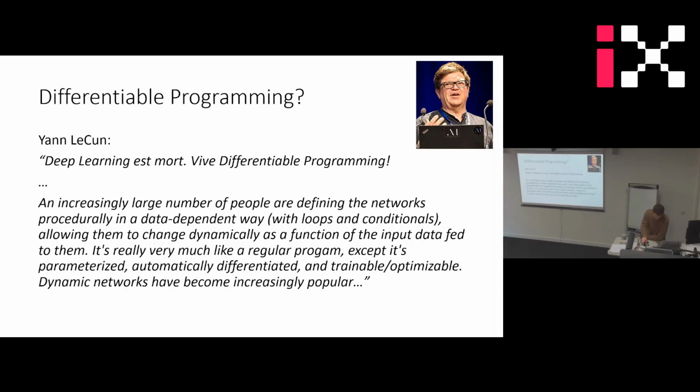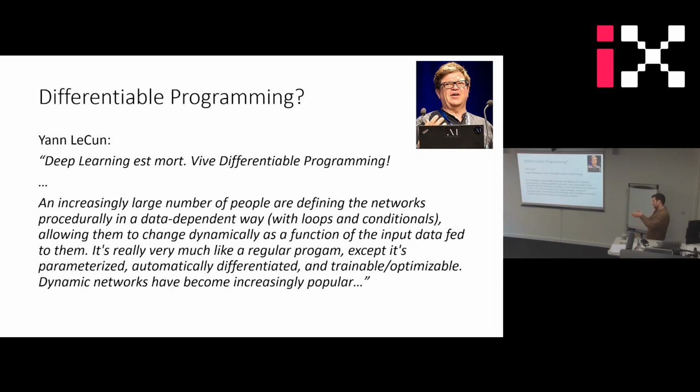Where this comes from is the fact that now, rather than just having very simple feed-forward neural networks as a typical machine learning model, people are starting to put more and more stuff into their machine learning models, like loops and conditionals, and that requires that your automatic differentiation can handle those. Because if it's just a simple feed-forward, then everything's analytic.